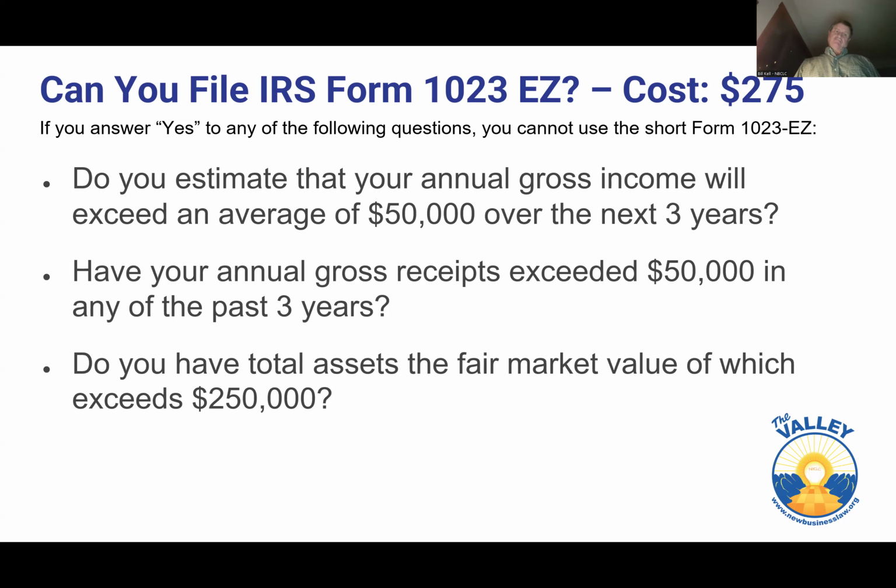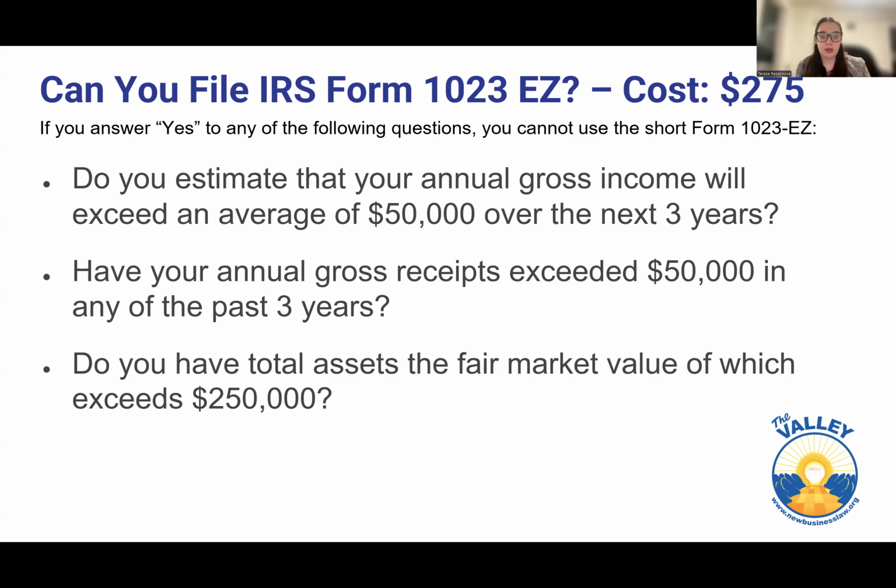If you make more than that, it's okay. What you will need to do at that point is file the full form and pay the difference in the fee. So the fee for this shorter, more streamlined version is $275, and as you will discover later, the fee for the full form is $600.